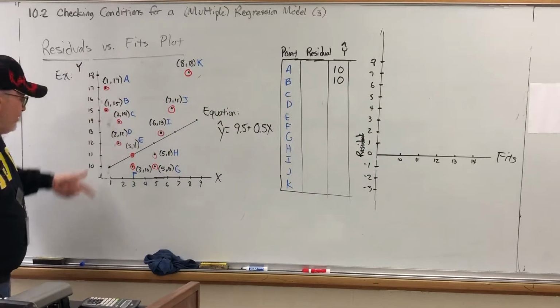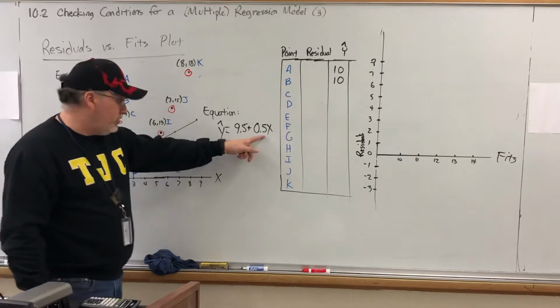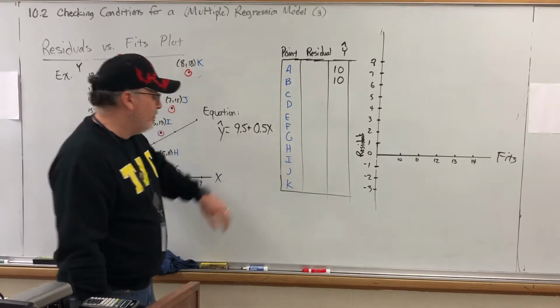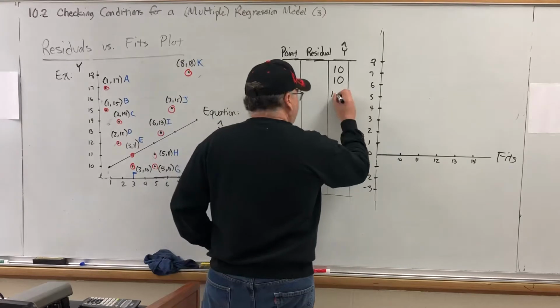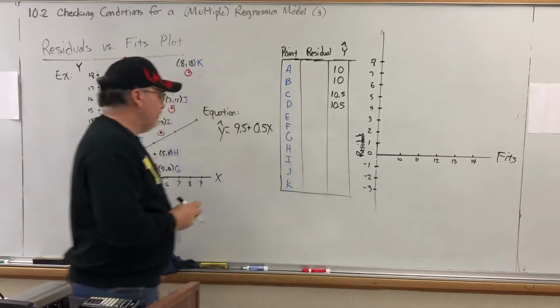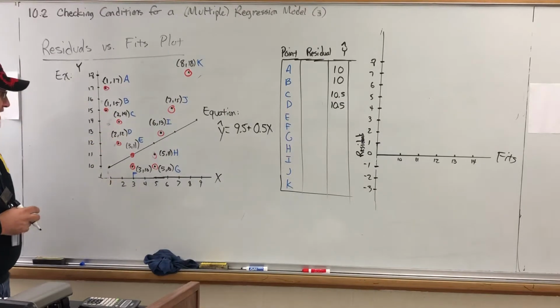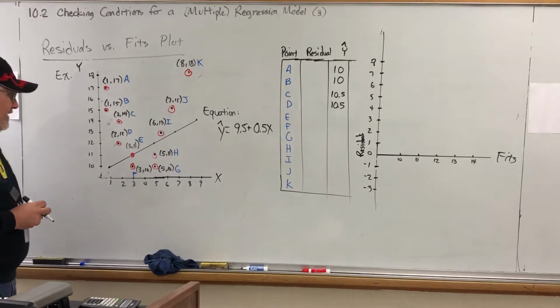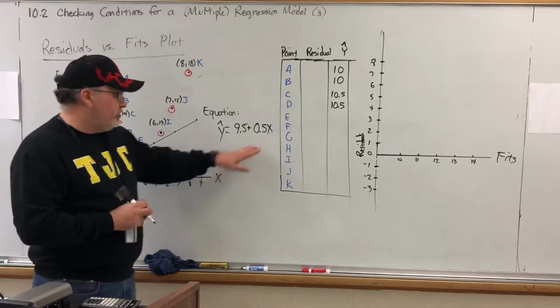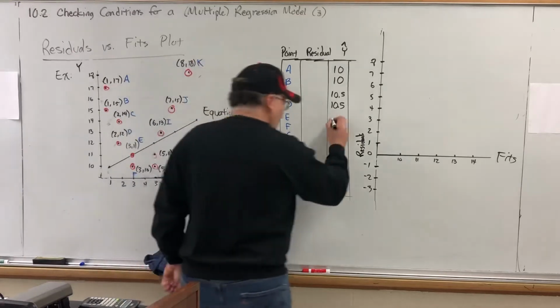C and D both have an x of 2, and so if we substitute 2 here, we would get 9.5 plus 1, which is 10.5. Points E and F both have an x value of 3, so if we substituted 3 here, we would get 9.5 plus 1.5, which is 11.